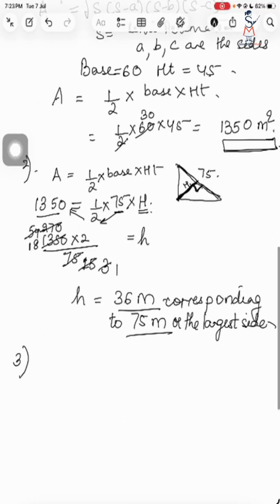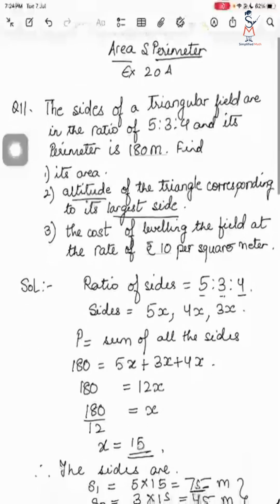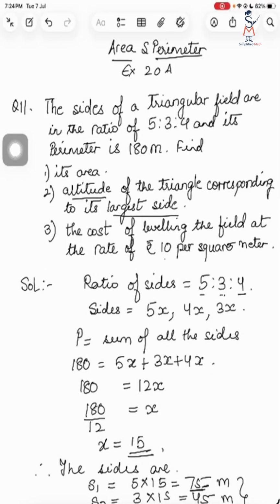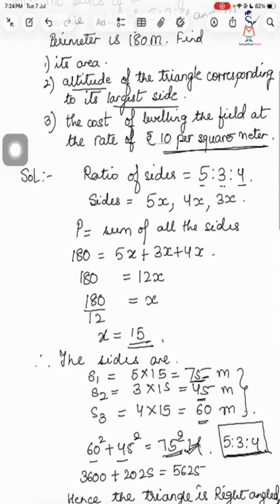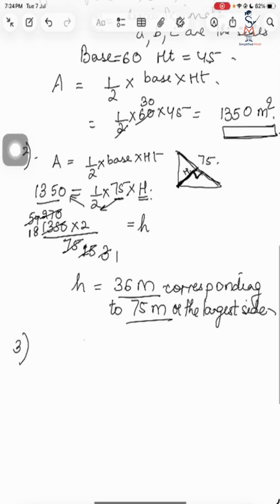Now the third part. The third part says the cost of leveling the field at the rate of 10 per square meter. We have to find the total cost of leveling the field. That means at the rate of 10 per meter square. So the cost of 1 meter square is rupees 10.